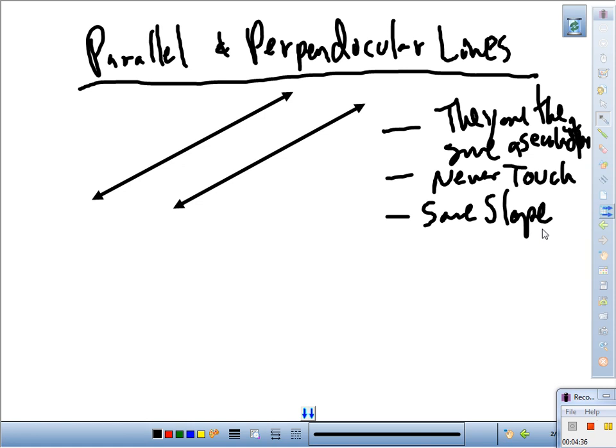Okay. Question, if they never touch, if they have the same slope, what does that mean that they never touch? If we graph them, what does that mean in their position on the graph? Tell your neighbor, please, what does that mean? Mia, L, go.